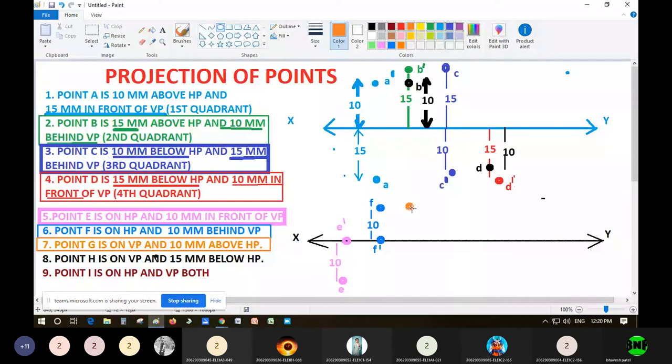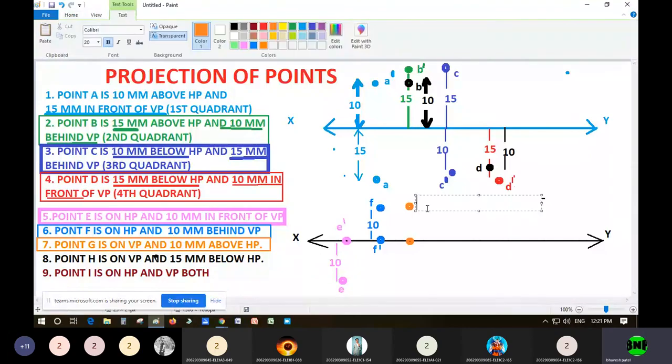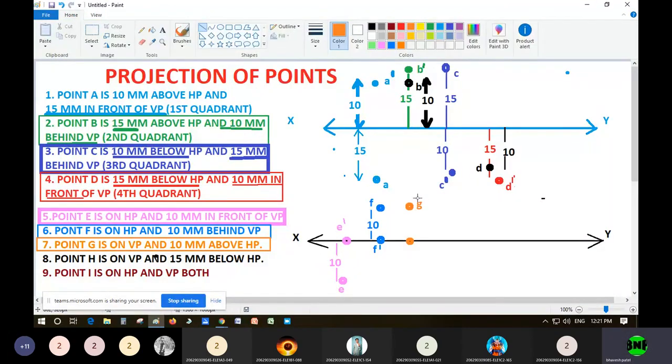and G is on VP. So from the top view, you will be able to see the point. That top view will lie on the XY line. So this G dash will come here, and the G will be here, because in the top view that point will be seen on the XY line.